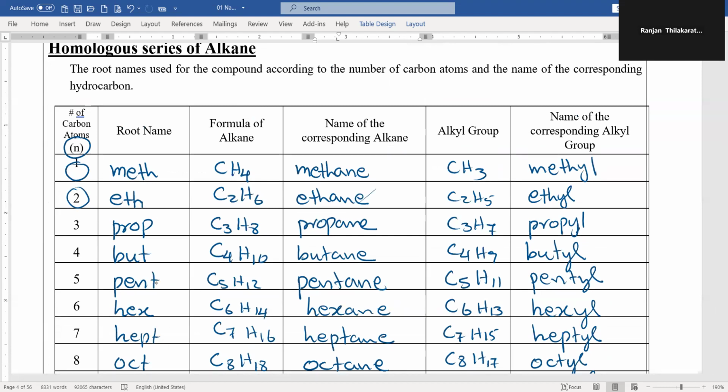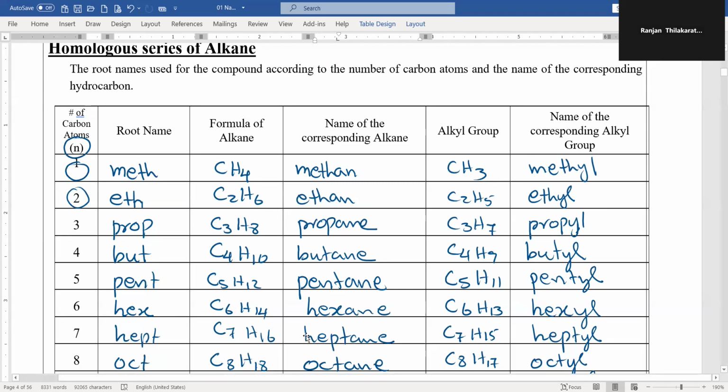We get the name of the alkane, that is methane, and we add ol to that, then it is methanol. Then if you remove the last e from ethane, and you add ol to that, then it is called ethanol. Like that, you get the name.